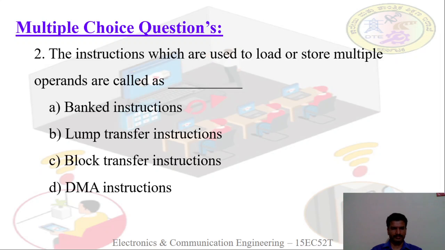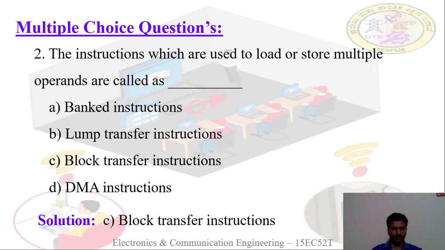The answer is block transfer instruction, C. Here we are moving a block of data. Multiple means a block of data from memory to register or register to memory, not a single value. So we are moving a block. This is called block transfer instructions.